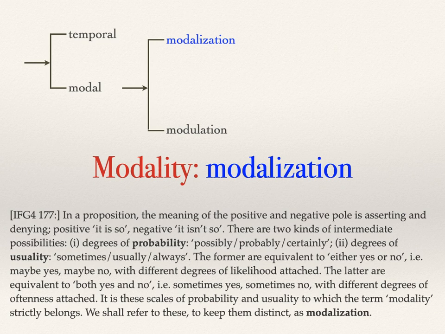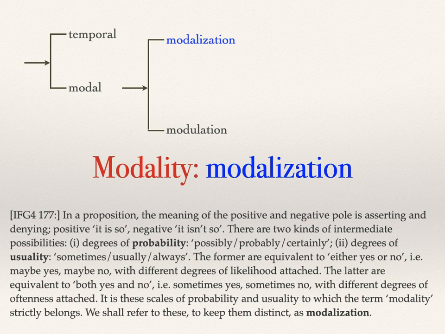So again, low, medium, high. The former, that is probability, is equivalent to either yes or no. That is maybe yes, maybe no, with the different degrees of likelihood attached. The latter are equivalent to both yes and no. That is sometimes yes, sometimes no, with different degrees of oftenness attached. It is these scales of probability and usuality to which the term modality strictly belongs. We should refer to these to keep them distinct as modalization.